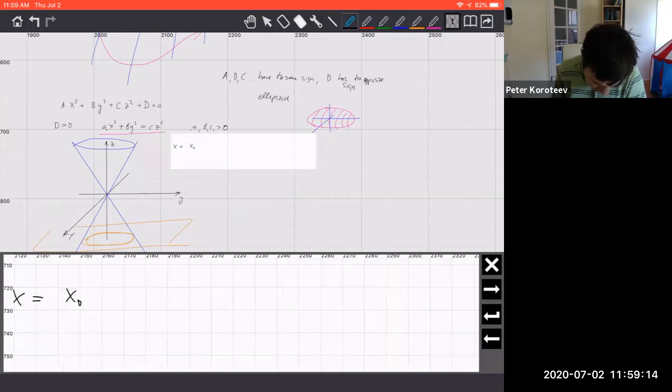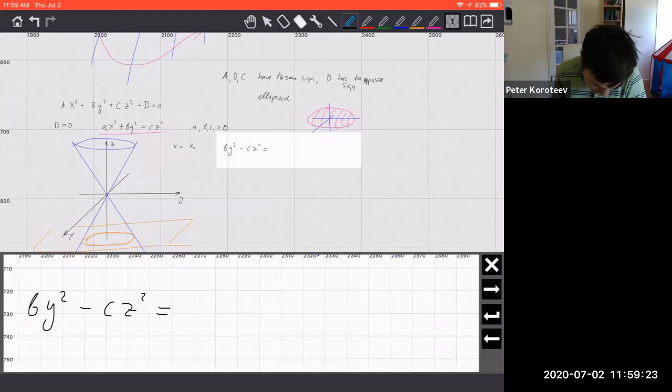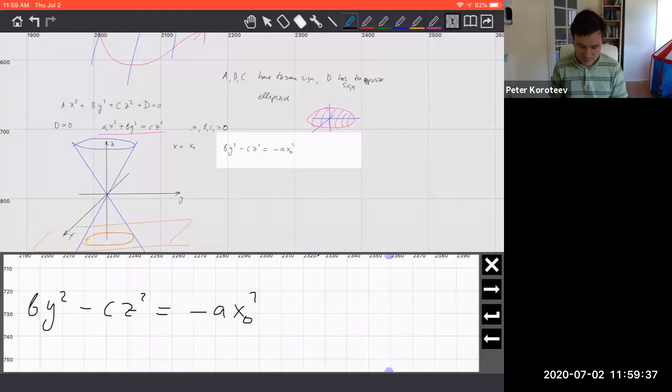Then we can write the equation: b y squared minus c z squared is equal to some constant, which is equal to minus a x0 squared. So this is a hyperbola, slightly distorted by those coefficients.